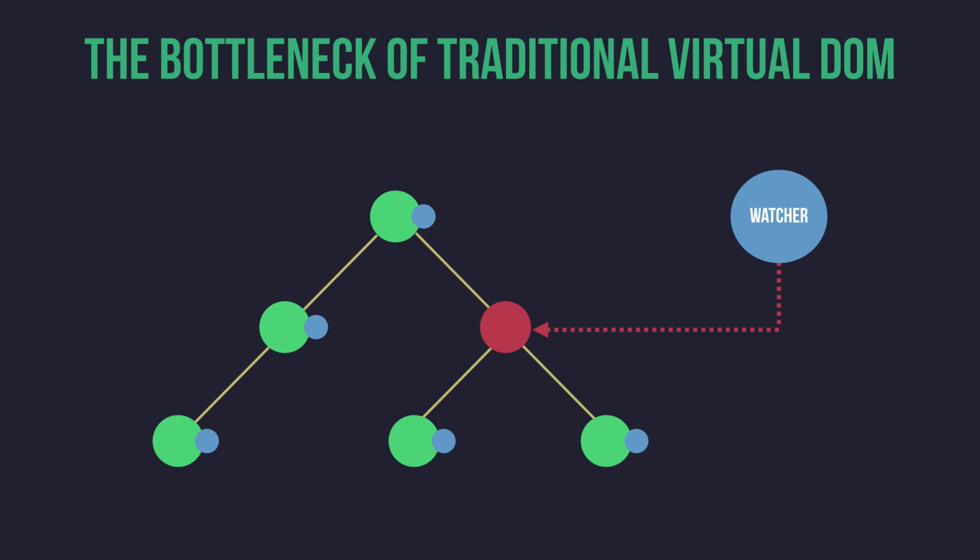So what are the bottlenecks of traditional virtual DOM? Vue already addresses this at a higher level of virtual DOM performance by making sure that each component reactively tracks its own dependencies and only updates when needed.